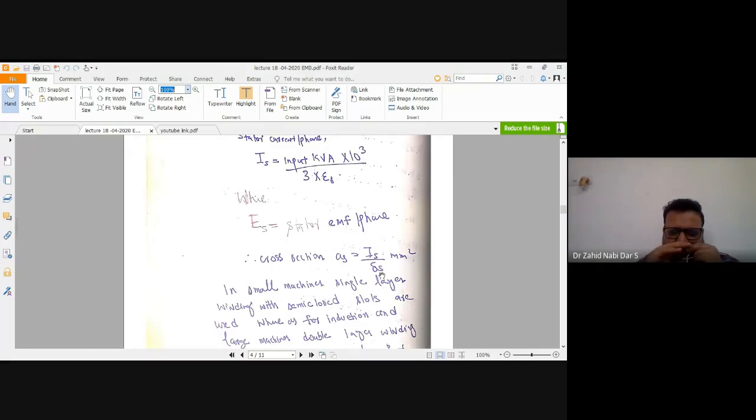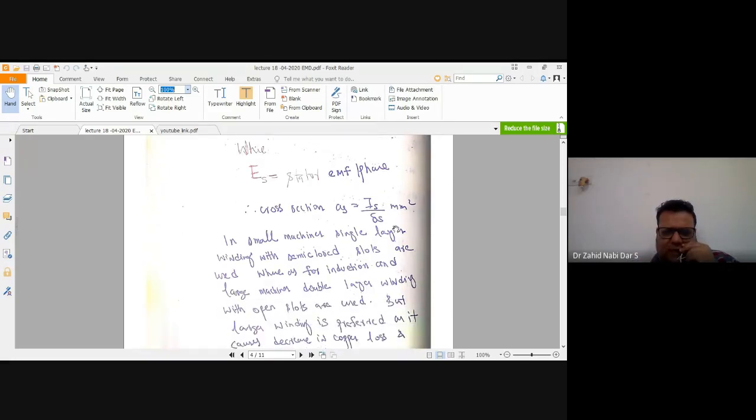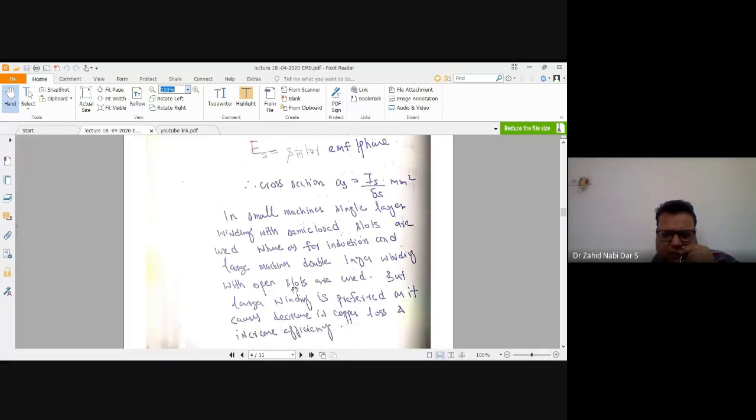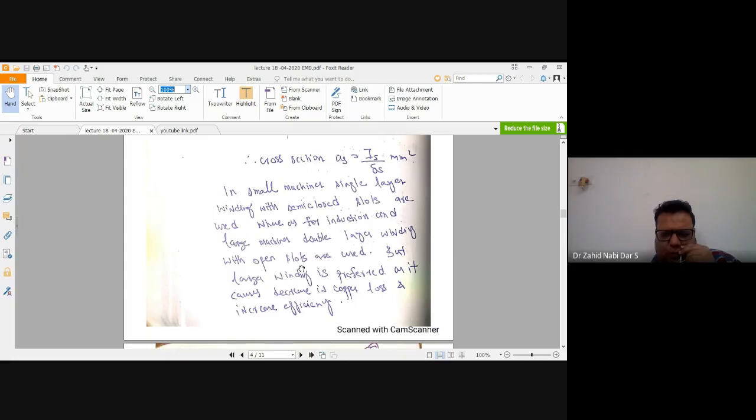I will not go much into that discussion, but in small machines single layer winding with semi closed slots is used. For large induction machines, double layer winding with open slots is used. There is some typing error over here. That means for small induction machines we use single layer winding with semi closed slots, whereas for large machines we use double layer winding with open slots.